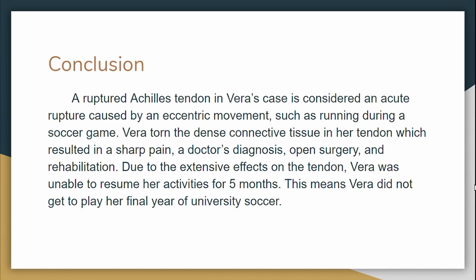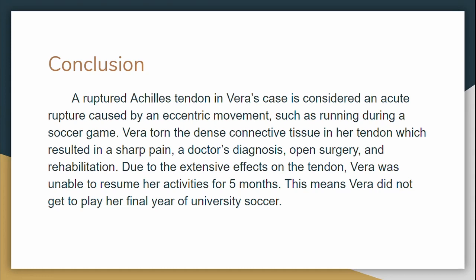In conclusion, a ruptured Achilles tendon, in Vera's case, is considered an acute rupture caused by an eccentric movement, such as running during her soccer game. Vera tore the dense connective tissue in her tendon, which resulted in a sharp pain, followed by a doctor's diagnosis, open surgery, and rehabilitation.